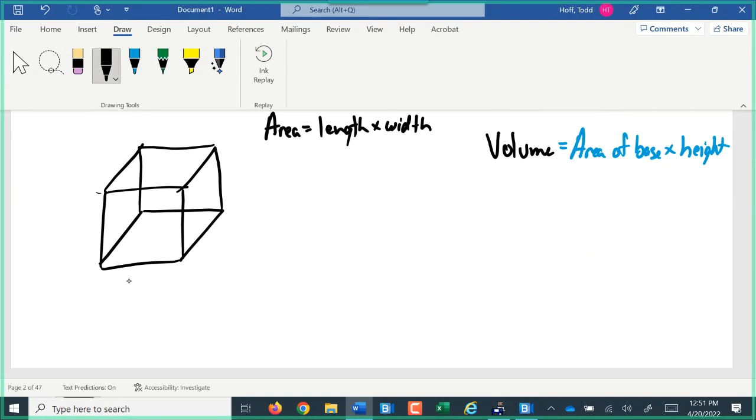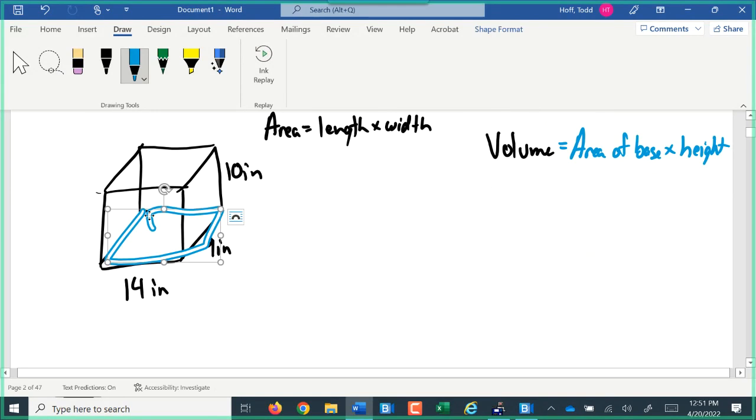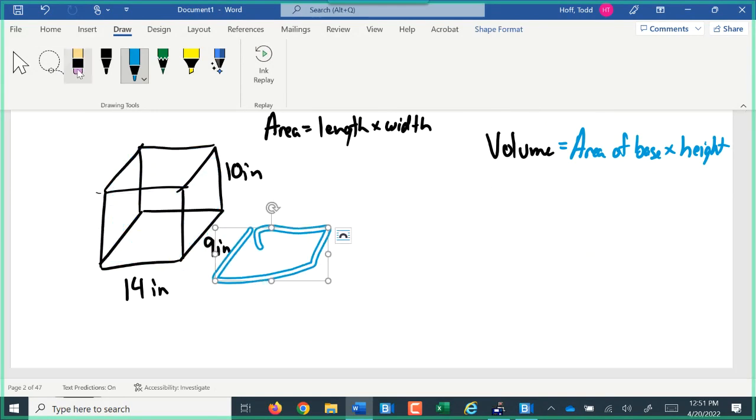So let's say that this here is 14 inches, 9 inches. Now, unfortunately, when we come with a box, the base of it is not really obvious. In fact, any side of this could be the base. The bottom, I can take the bottom and slide it up and down to make the shape, right? Yep.